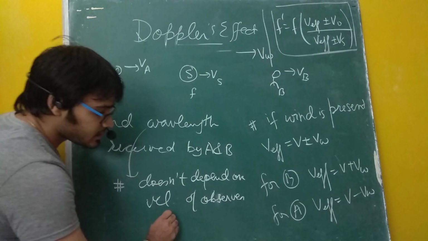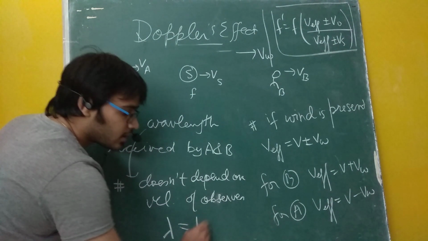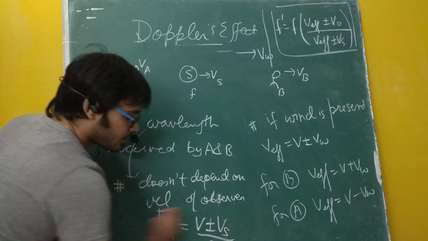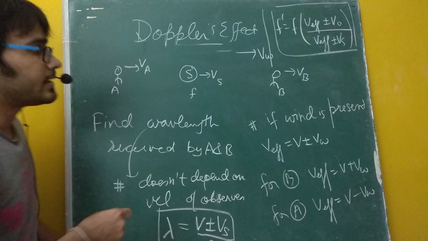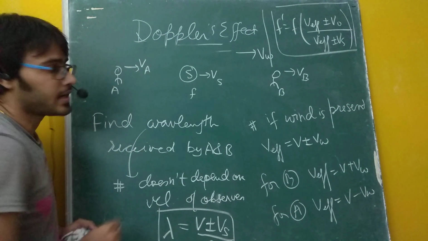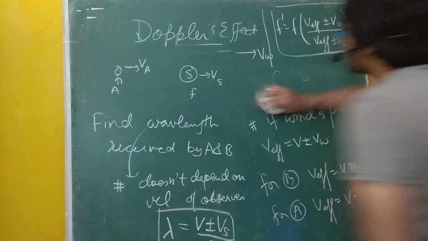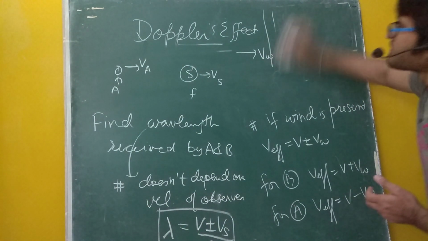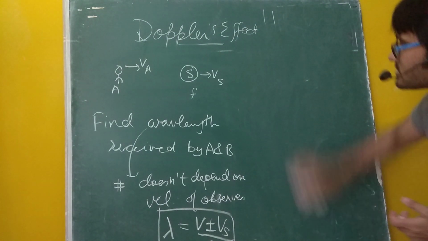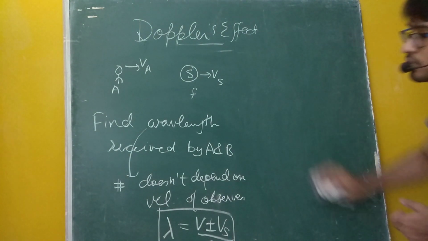And what is the expression we have? This lambda is equal to V plus or minus Vs divided by F. Let's understand this, and then in the same example we will find the wavelengths received by A and B. Wind I will not take in any of these questions now. If it is present, you know what to do.